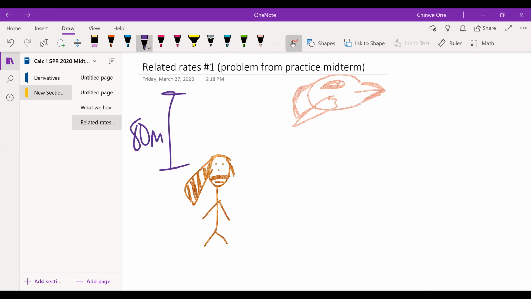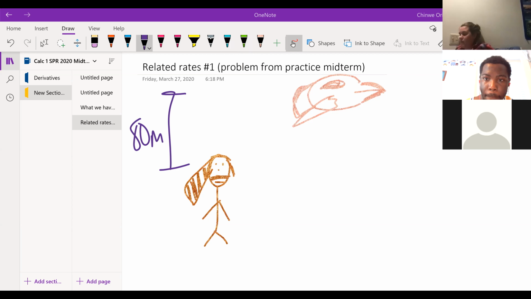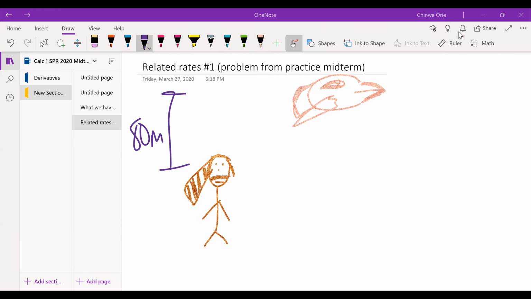And then we're trying to find the rate that the distance increases between the hunter and the bird when the bird is 100 meters away.